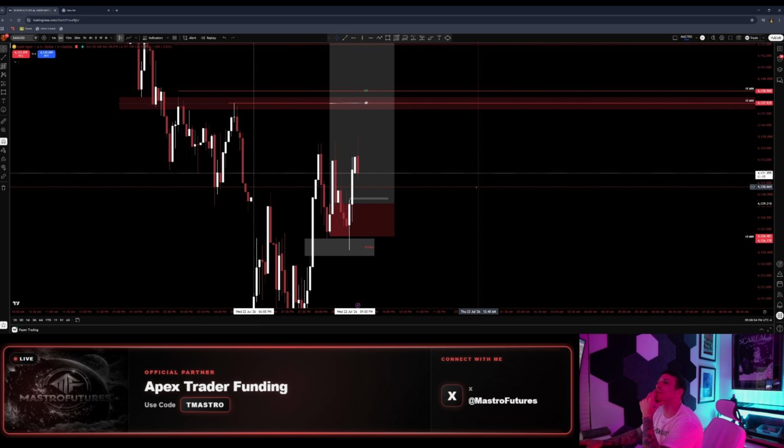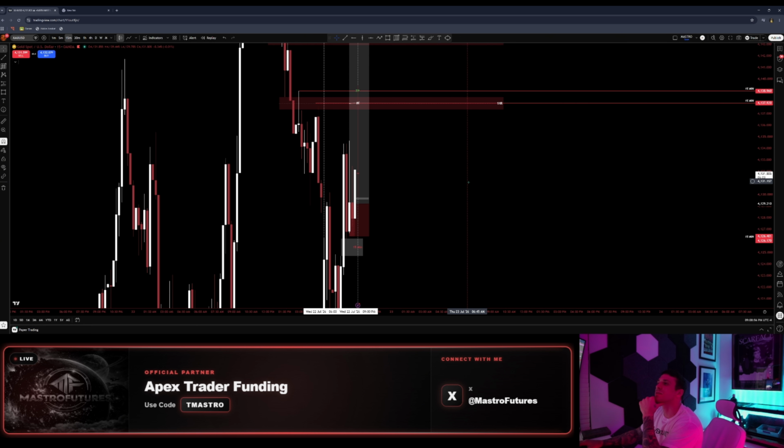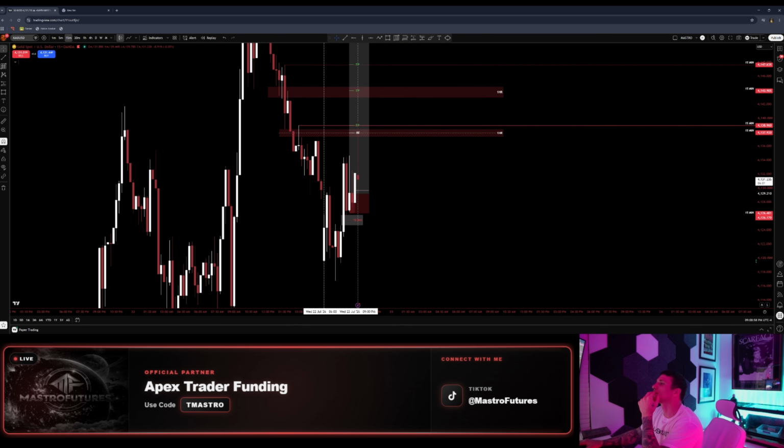We do have a 5 minute gap. We're still bullish on the 15 minute time frame, right?